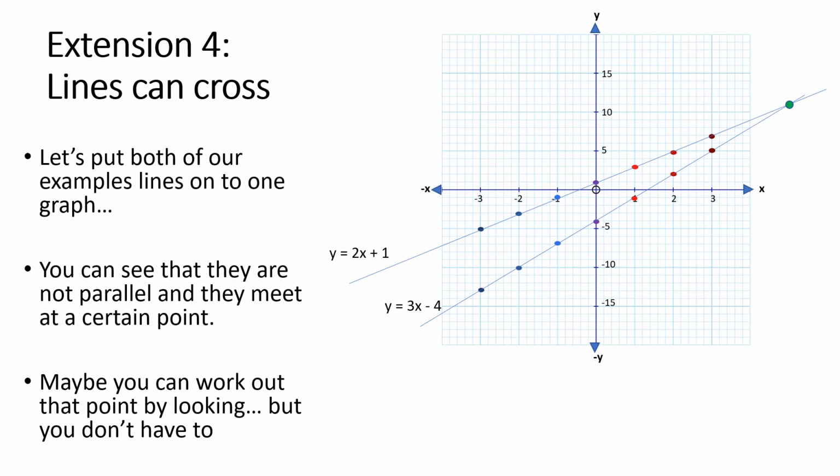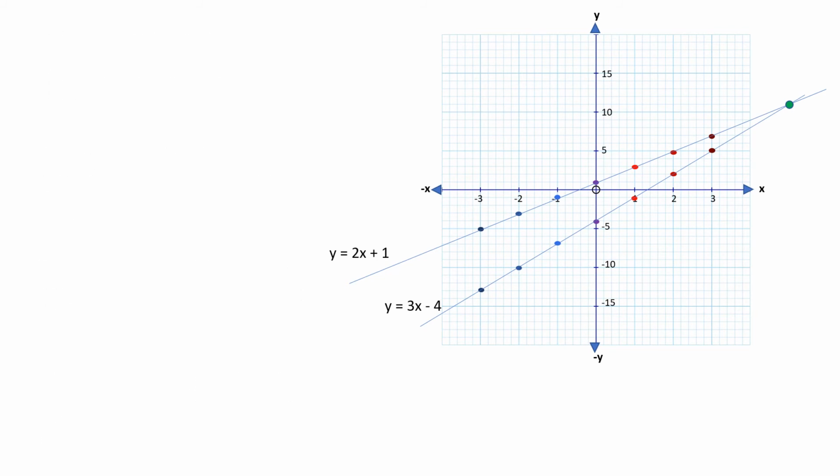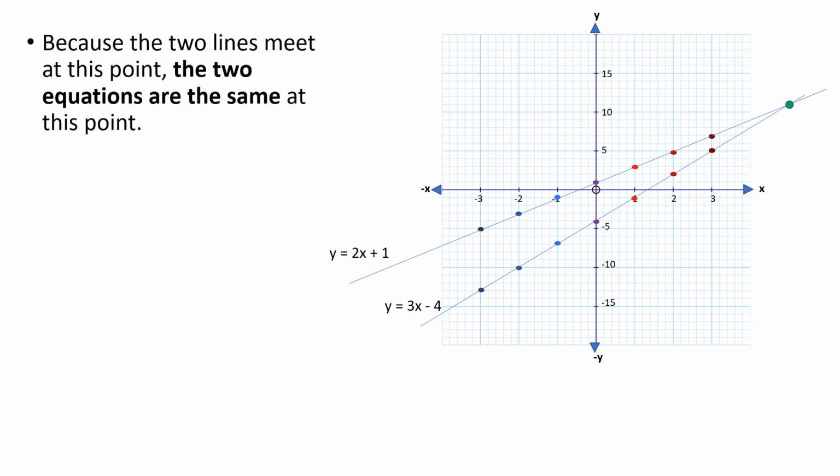But in actual fact, you don't need to work it out by looking. There is something else you can do. Because the two lines meet at this point, the two equations are therefore the same at this point. And whenever anything is the same in maths, that means we can put it around an equals sign.